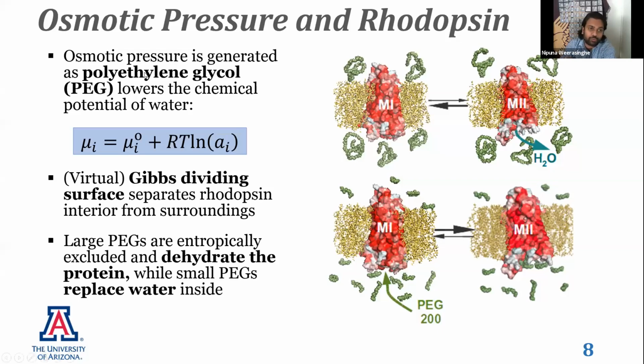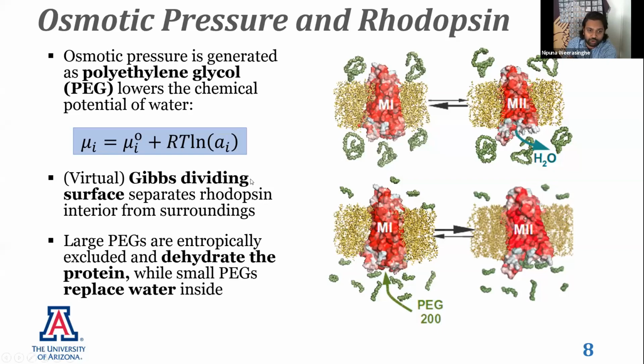We used polyethylene glycol as our osmolyte, which is a hydrophilic polymer, with different molecular weights. The chemical potential of water is directly related to the activity of polyethylene glycol. So when you have a higher concentration of polyethylene glycol, you have a higher osmotic pressure in the system and a lower chemical potential, and then we should expect that it will dehydrate the protein.